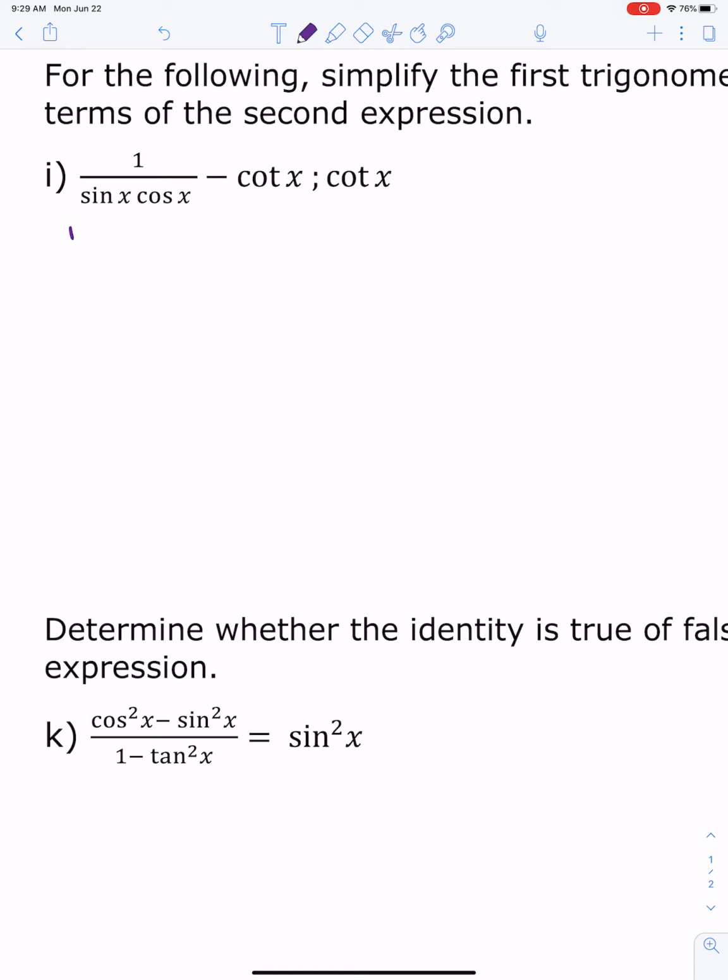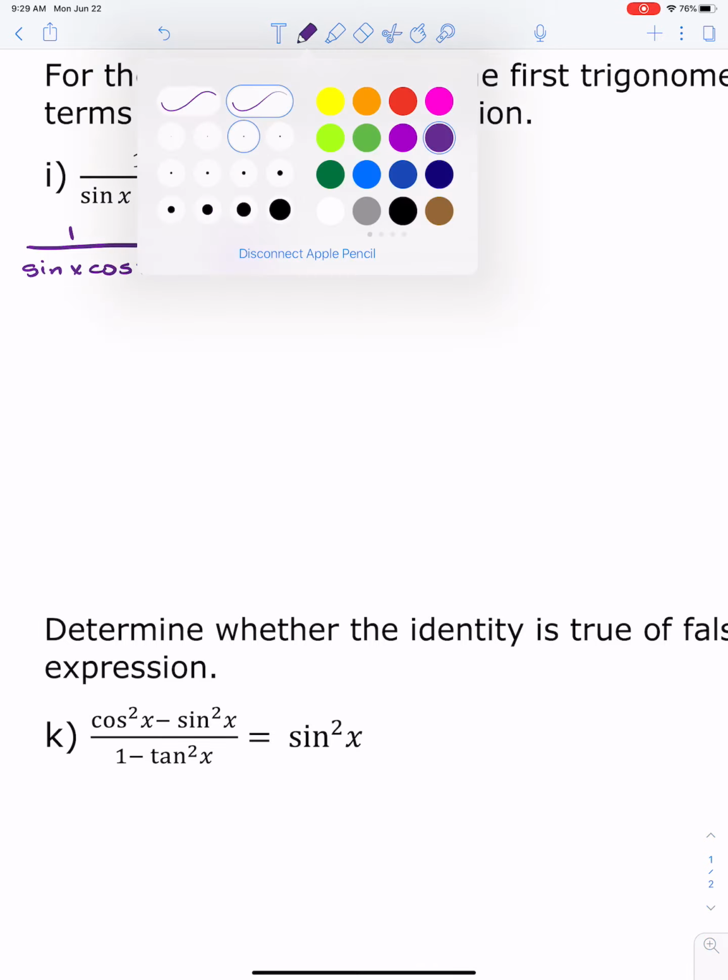So I am going to go back to my fallback, which is always right: cosine squared x over sine squared x, always right, in terms of sines and cosines if we can, okay? So once I do this, I see that both denominators have the sine.